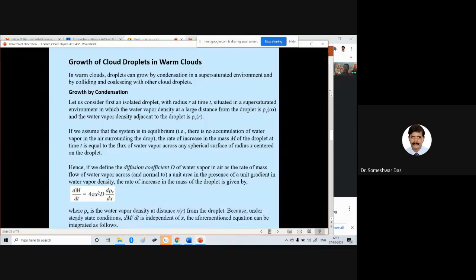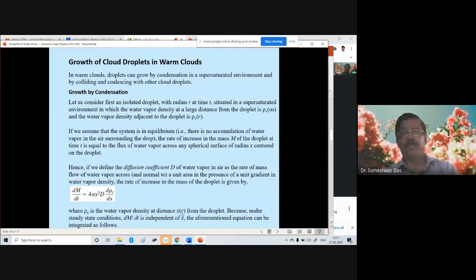Rho v is the water vapor density at distance x, a function of the distance from the droplet, because under the steady state condition dm by dt is independent of x. The aforementioned equation can be integrated as follows. We are assuming steady state, in which case dm by dt is in equilibrium.